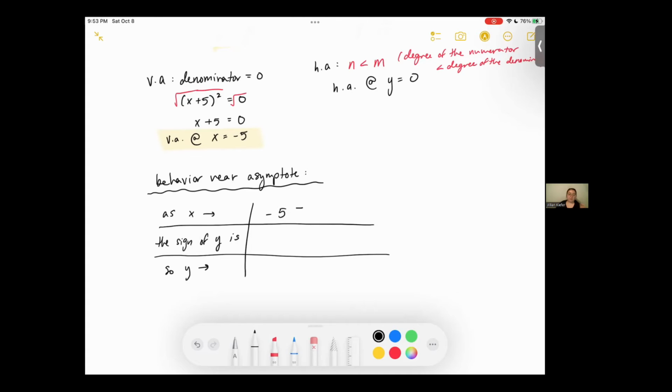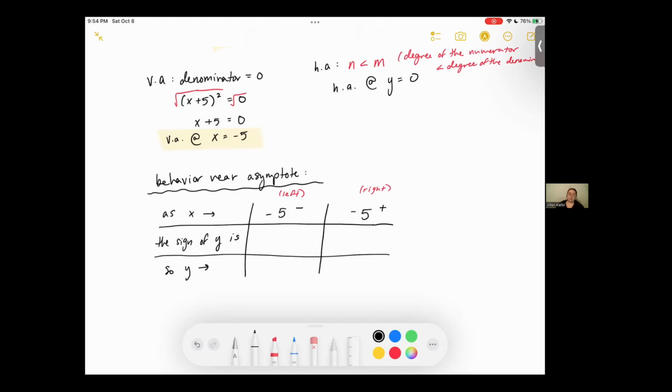We want to know from the left, is it going to go to negative or positive infinity? Also, we want to check on the right as well. So this is from the left. This is from the right. And we're going to fill this out. We want to know what the sign of y is going to be.